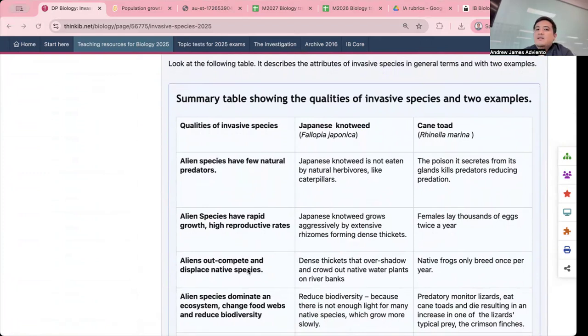So, why do invasive species succeed? When an organism is introduced into a new environment, it often lacks its natural predators or competitors. Because of that, invasive species can reproduce rapidly or exploit resources better than native species. Many invasive species are generalists. They can thrive in a wide range of conditions.